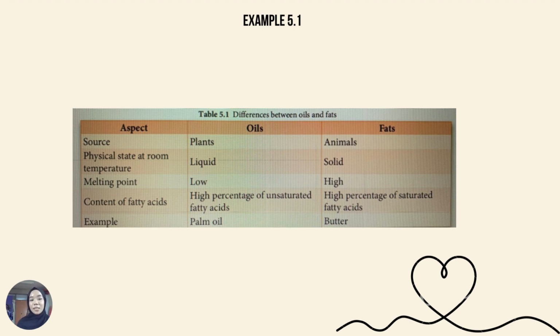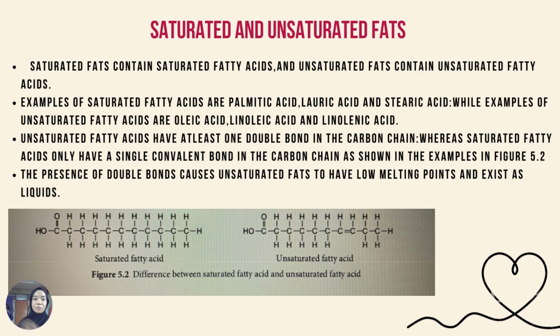Content of fatty acid for oils: high percentage of unsaturated fatty acids. Fats: high percentage of saturated fatty acids. An example of oil is palm oil, and an example of fat is butter. Saturated and unsaturated fats.